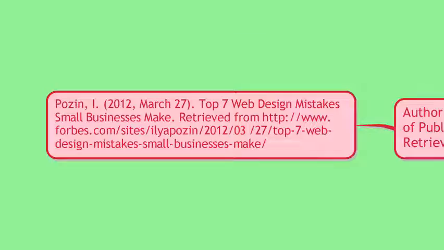So in the case of one of the websites that I gave you in the assignment itself, the APA citation would look like this. Actually, it would be hanging indent, but other than that, it would look like this.